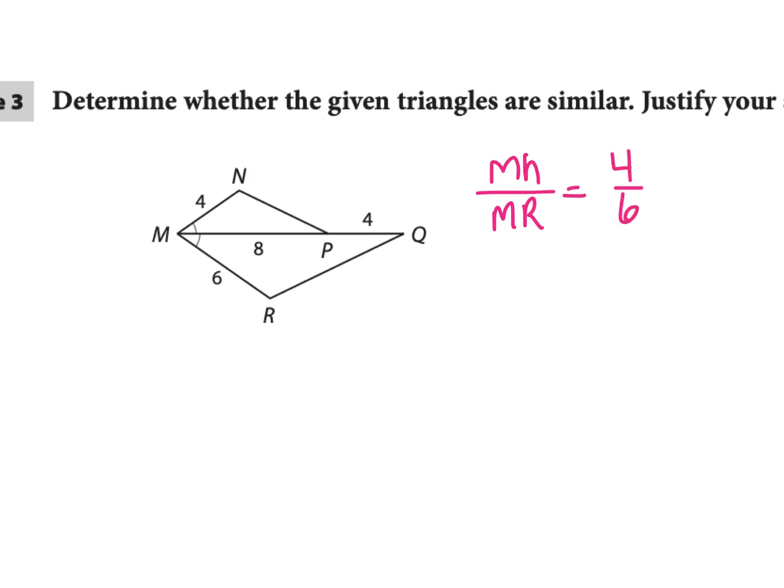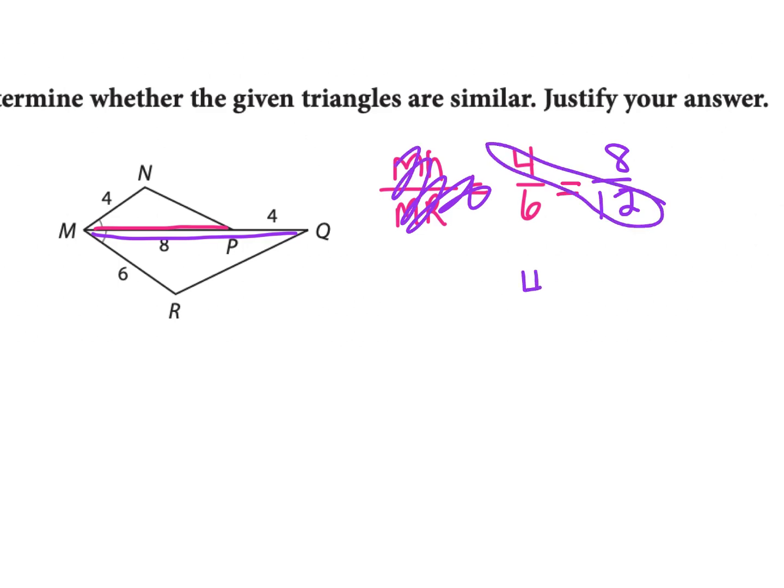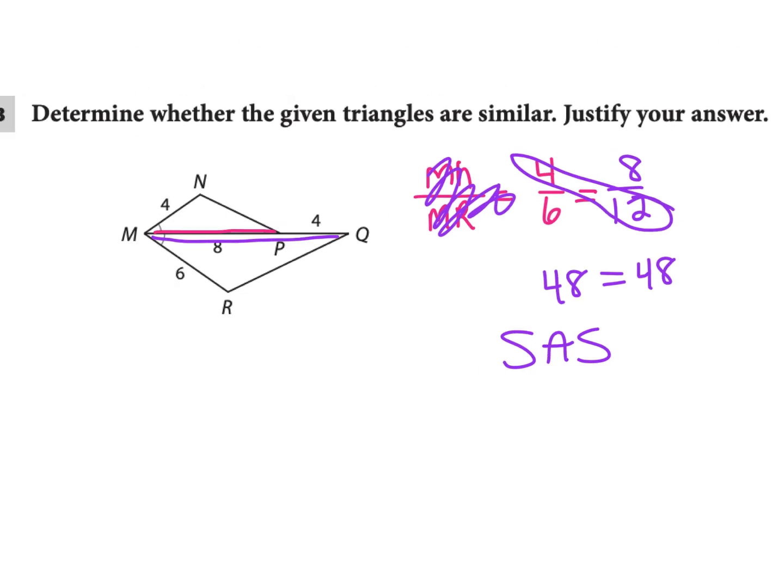And I need to match that to, let's see, 8 over 12. Now, do those match? So 4 times 12 is 48, 8 times 6 is 48, so I have side, angle, side.